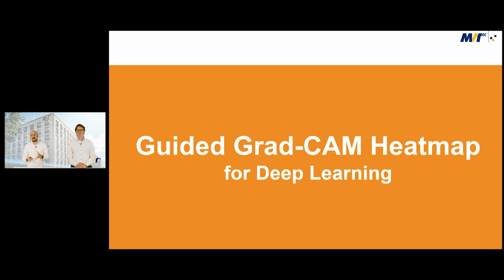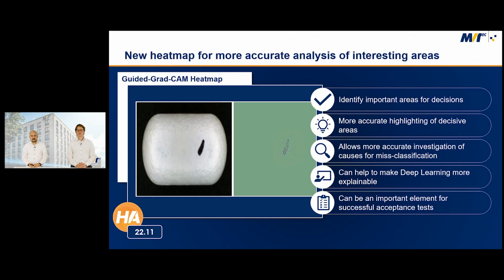Then we provided the Grad-CAM heat map, which was much faster in computation and more accurate. And now we will provide a guided Grad-CAM heat map, which is also quite known in the research community. So this is not specifically invented by MVTec. This is just something we integrated in HALCON, which is also used by other research.